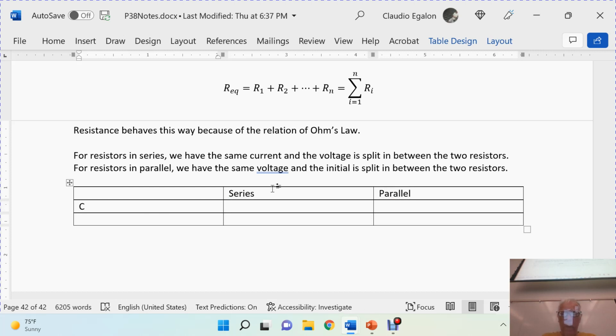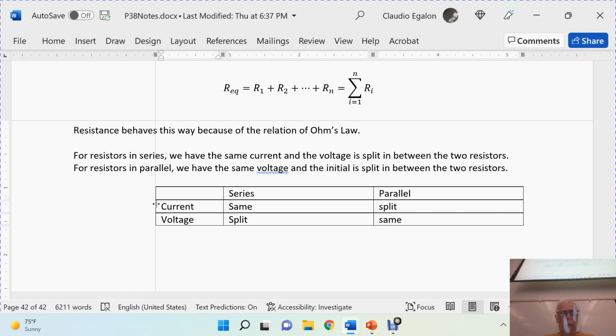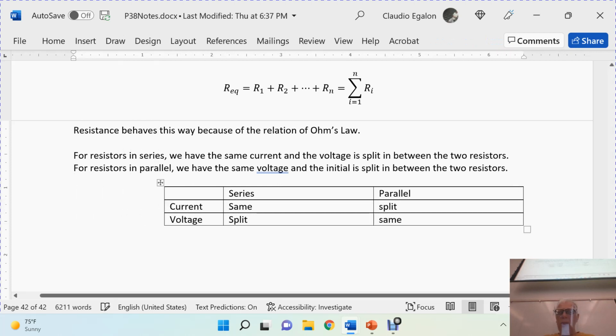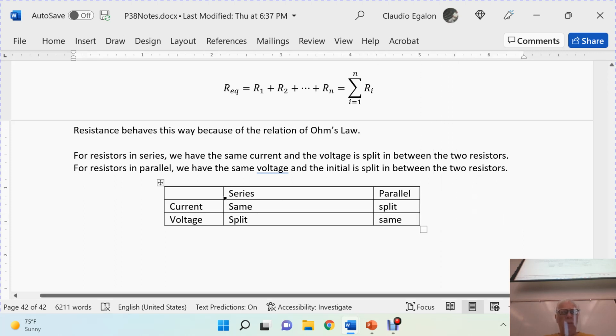Current: same, split. Voltage: split, same. See that? We have exactly the opposite. Can you memorize that? That's easy, right? Whatever one does, the other configuration does the opposite.